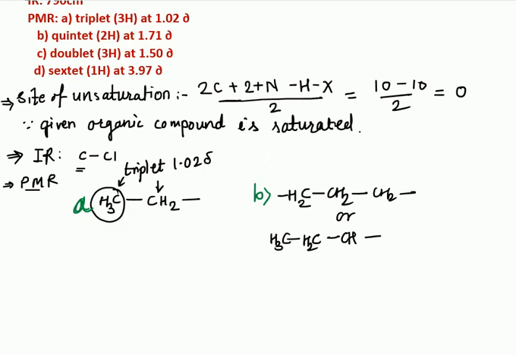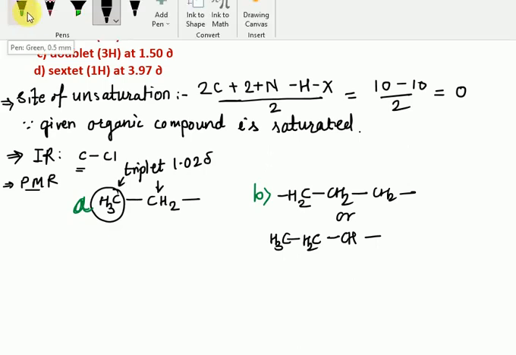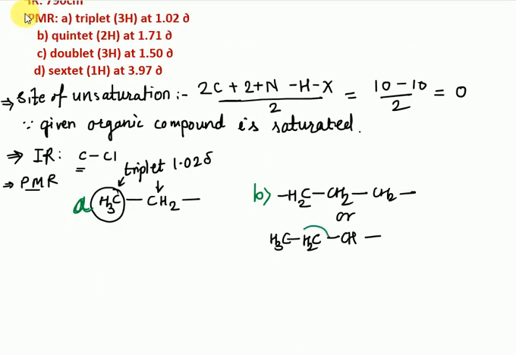So the two hydrogen, the second value, give the quintet at 1.71 delta value. 1.71 delta value indicates that the CH2 group must be attached to other carbons, and so the most convenient is this one.